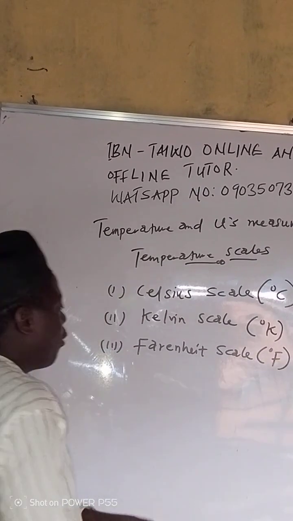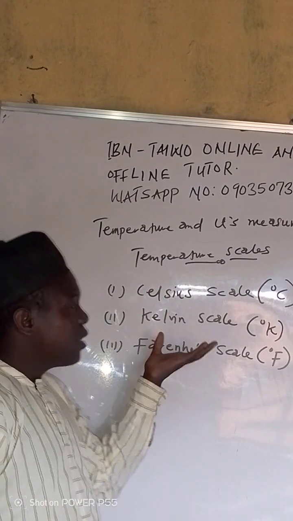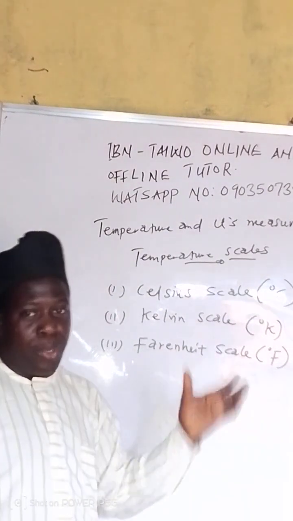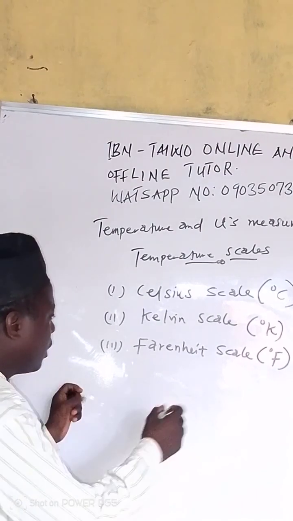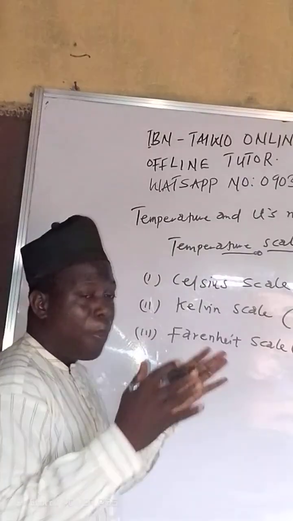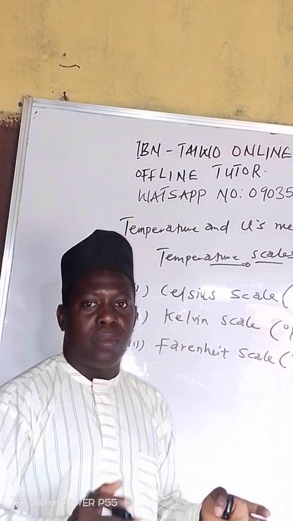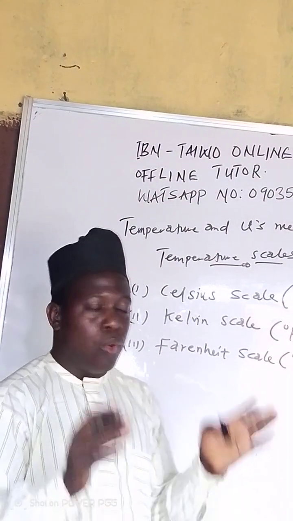Each of these scales has two different points. Their points, we call them upper points and lower points.